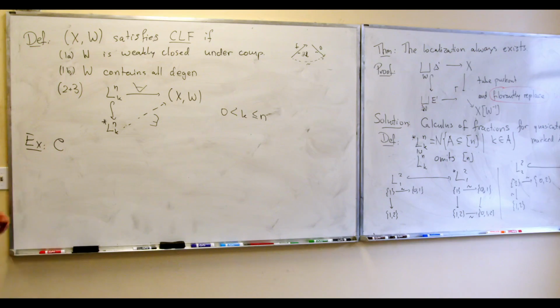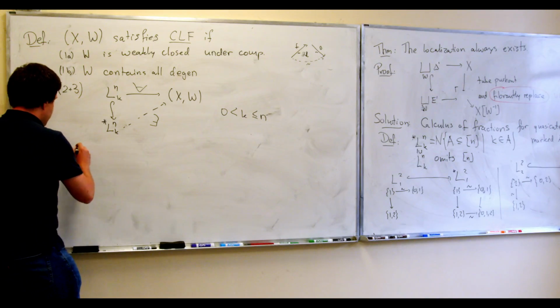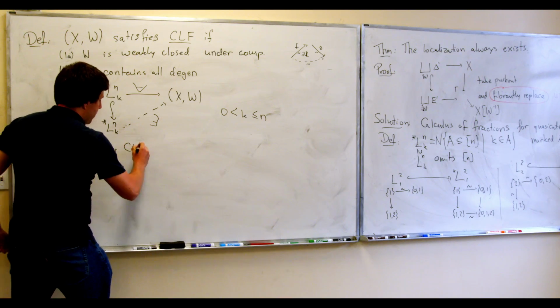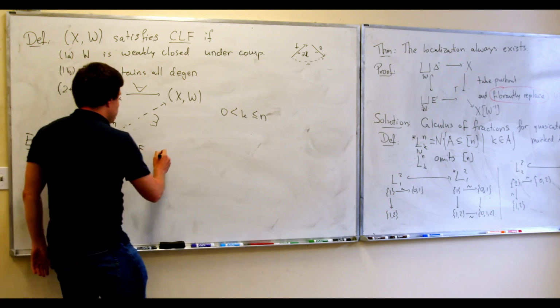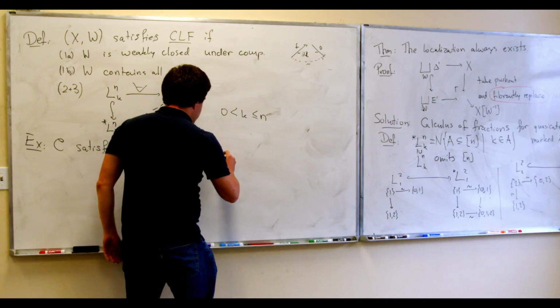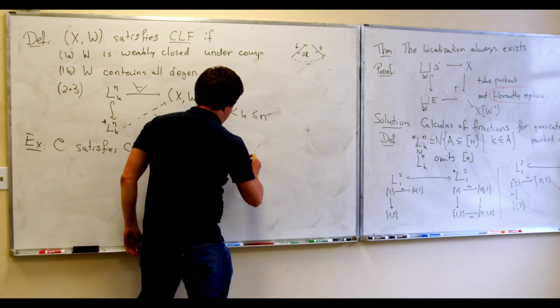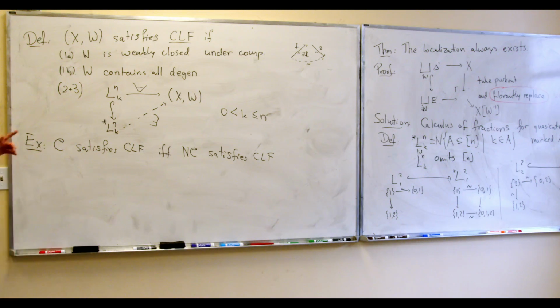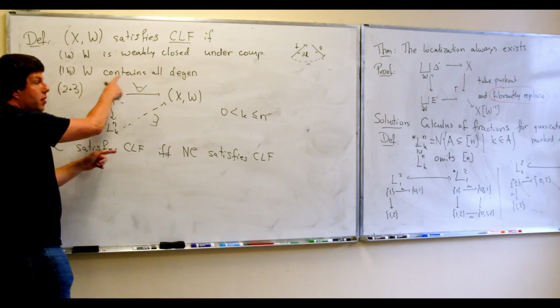And that's perhaps surprising: a category C satisfies CLF as a category if and only if the nerve of C satisfies CLF as an infinity category. So somehow, for the nerves of categories, I can get infinitely many conditions.